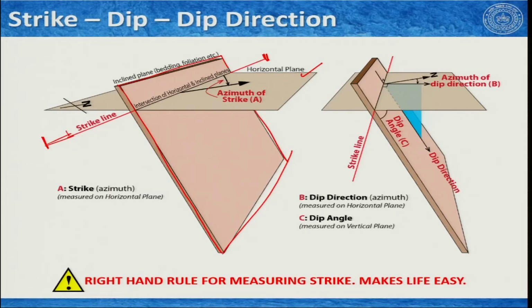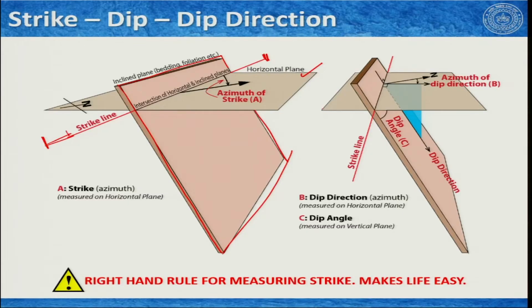The dip angle is essentially the slope or inclination of this inclined plane that we are talking about. So, again we have this inclined plane, I have oriented it differently so that you can figure it out. So, we have the inclined plane and the horizontal plane intersecting the inclined plane. The angle it makes, which you measure in a vertical direction, is this angle. So, this is the sloping plane, you have the horizontal plane, and the angle it makes is the dip angle.